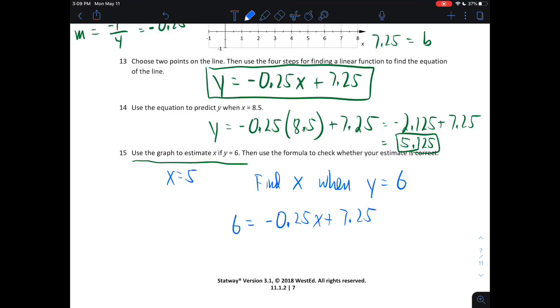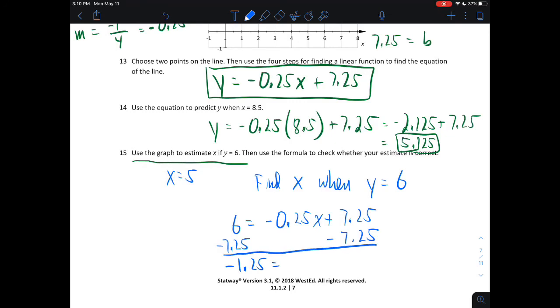And I want to get x all by itself. And we're going to practice more of those opposite operations. The first thing that I want to do is move anything by addition and subtraction. So I'm going to subtract the 7.25. So 6 minus 7.25 is what I end up with on the left-hand side. That's negative 1.25.